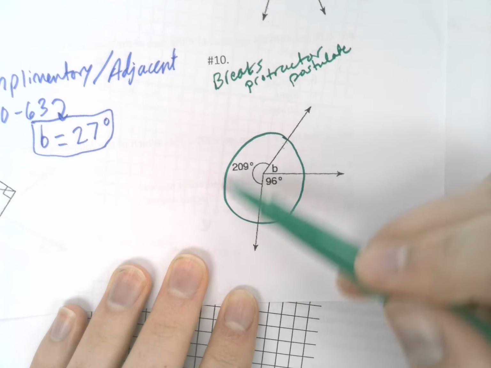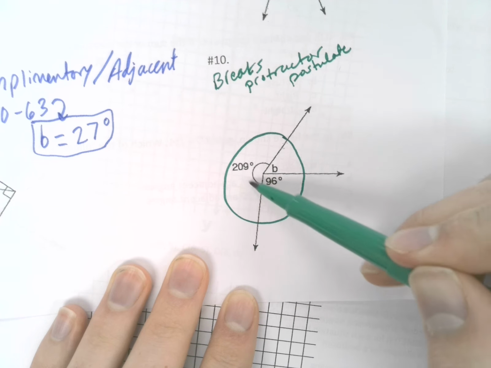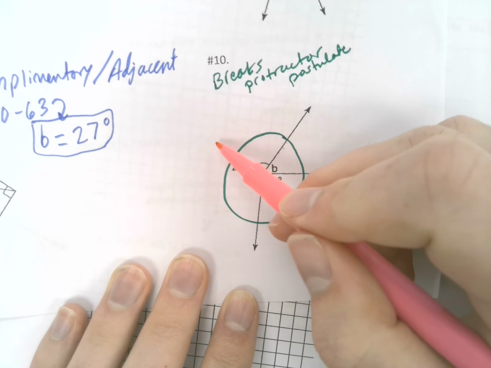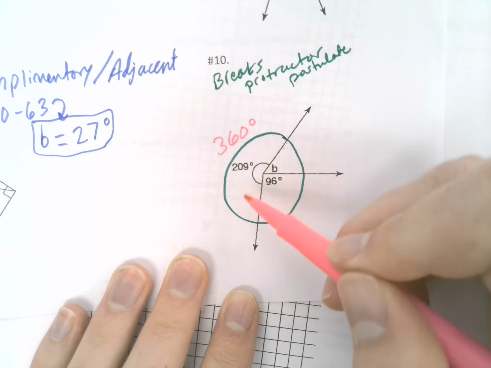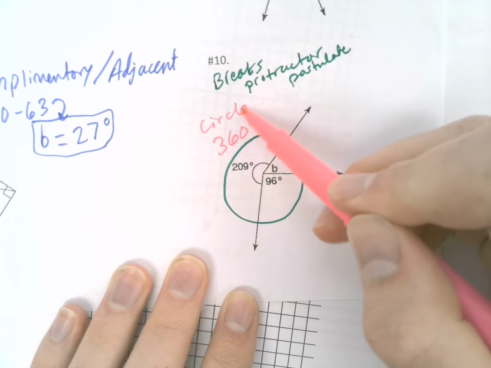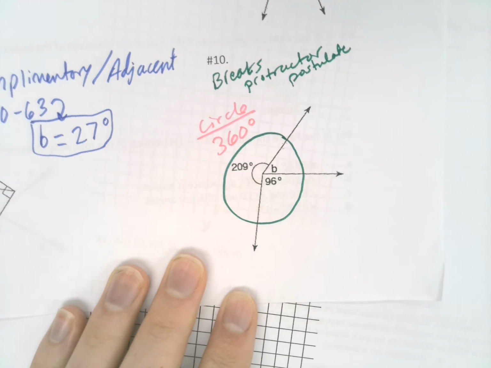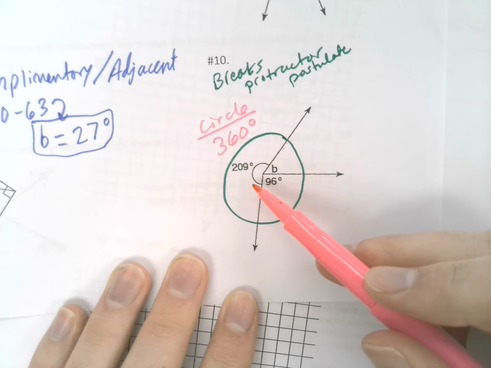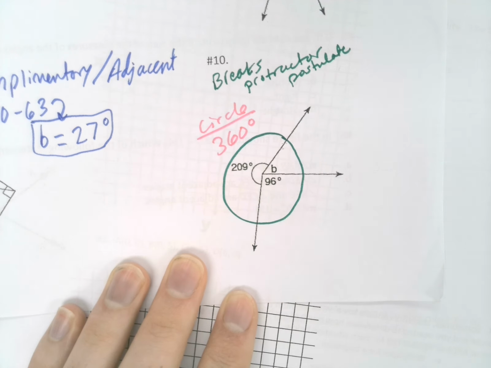And what do we know as far as the amount of degrees here? What do we know about the amount of degrees in a circle? Well, you may have forgotten, but a circle has 360 degrees in total. Now, we see 209 represented here. We see 96 represented there.